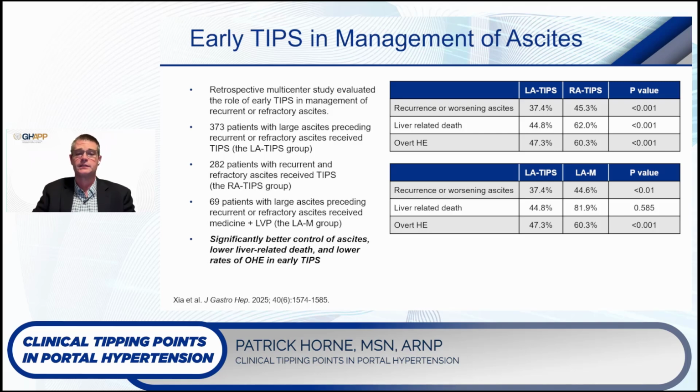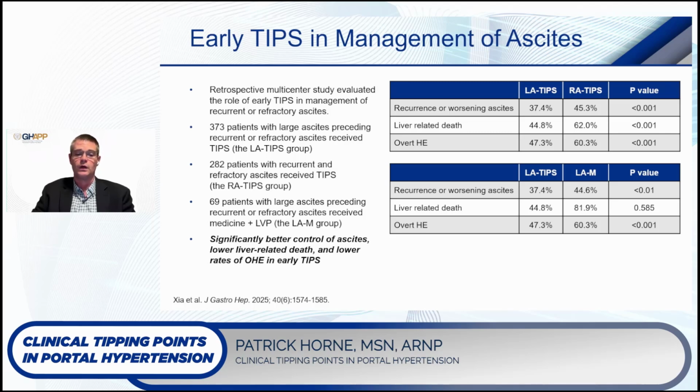Again, this was a retrospective multi-center study looking at the role of early TIPS, again, in the management of both recurrent and refractory ascites. You can see there was large numbers. Groups were divided into large ascites, preceding recurrent or refractory ascites, who received TIPS versus a group with recurrent and refractory ascites who received a TIPS, and then a smaller group who had large ascites that also preceded recurrent or refractory ascites and received medication and large volume paracentesis.